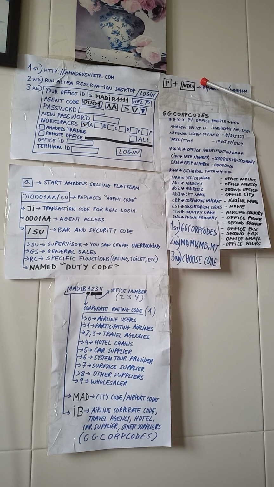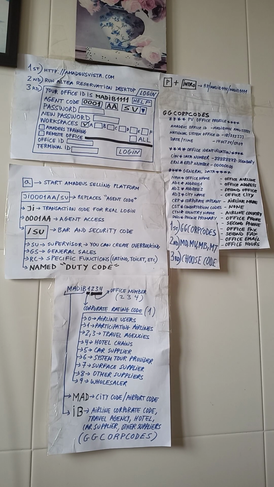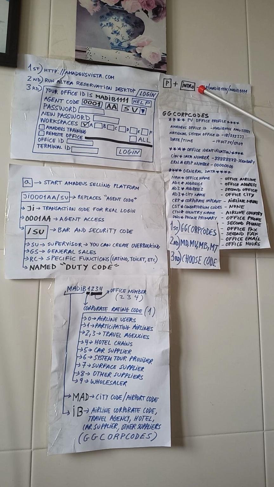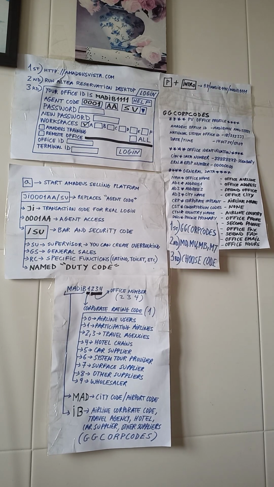this. That's why I am going to explain everything about the Office ID, because the Office ID is important when you are logging in, okay? But the Office ID appears all the time in the PNR, in the reservation, on the top, with the RP slash, okay?